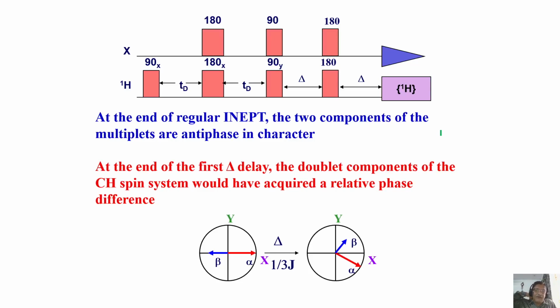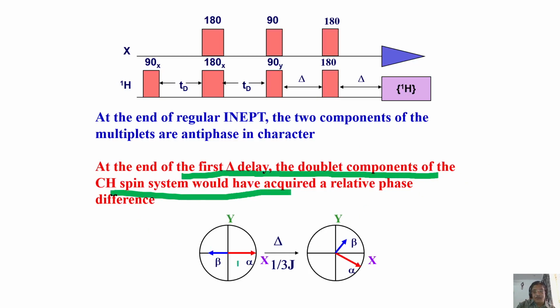Of course, we have already worked out in the previous cases, in the many examples of APT and others, what happens when we give a delay. Just to tell you, at the end of the first delta delay, the doublet component of the CS spin system would acquire a phase like this. Now you give a delay. How much delay you give is in my hands.